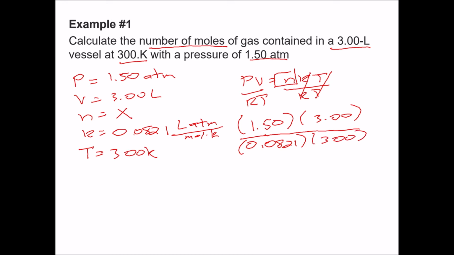In my calculator, I'm going to hit 1.5 times 3 divided by 0.0821 divided by 300, and my answer will be 0.183. Following sig fig rounding rules, 0.183 moles for the first example.